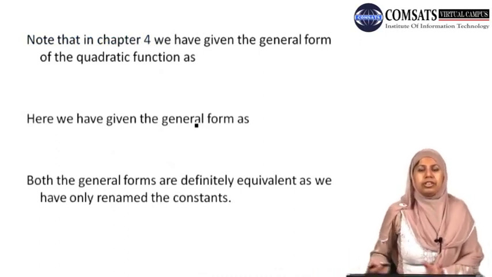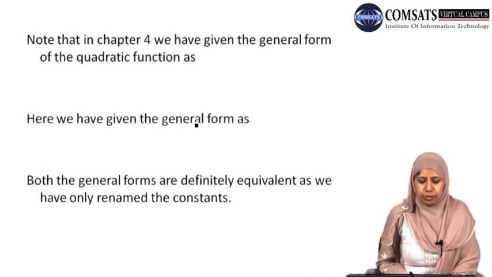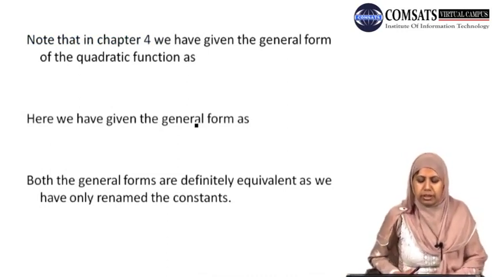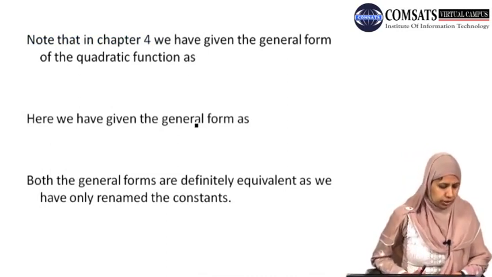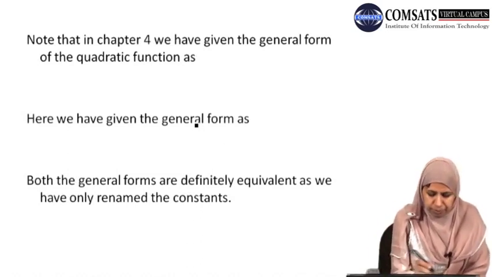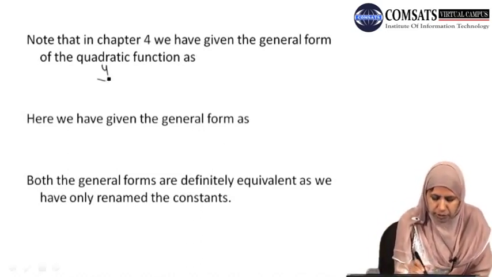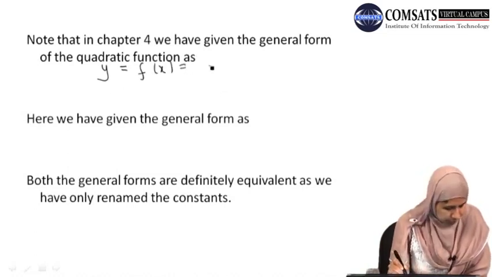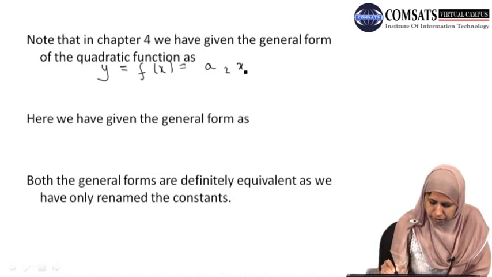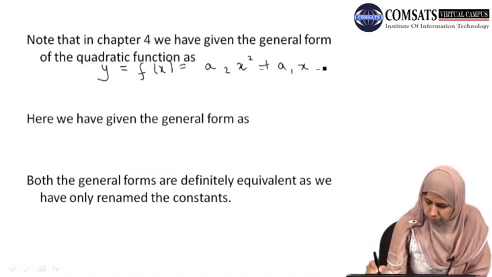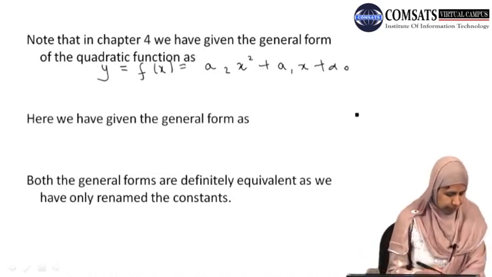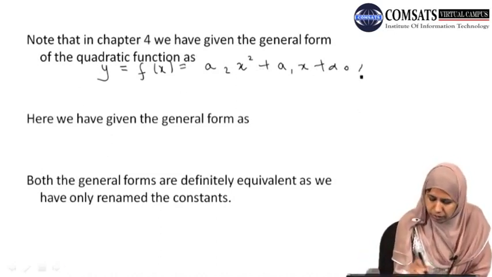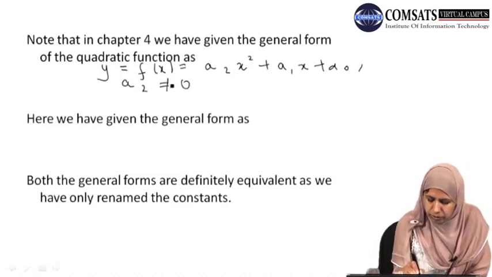If we recall the definition of quadratic function from our chapter 4, there the general form of the quadratic function was given as y equals f of x, which is equals to a2 x square plus a1 x plus a naught, with the condition that a2 is different from 0.